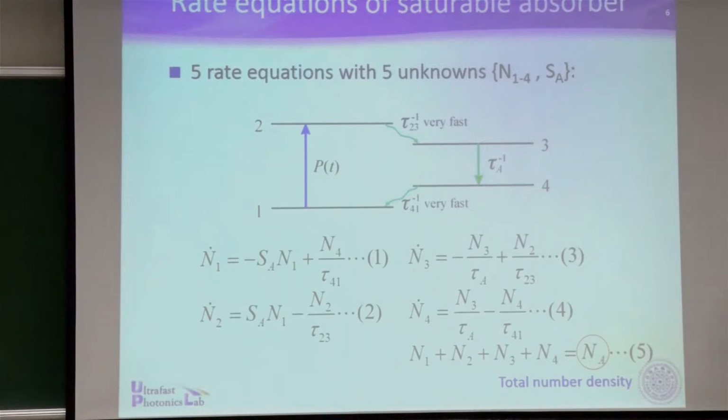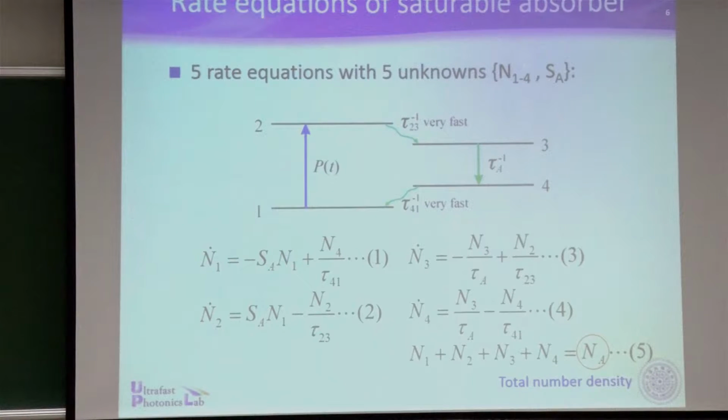For example, let's check equation 1. Why is equation 1 valid? N1 dot means the time derivative of the number density of level 1. Okay? And it depends on 2 mechanisms. One is stimulated absorption from level 1 to level 2, right? So you will lose number density.